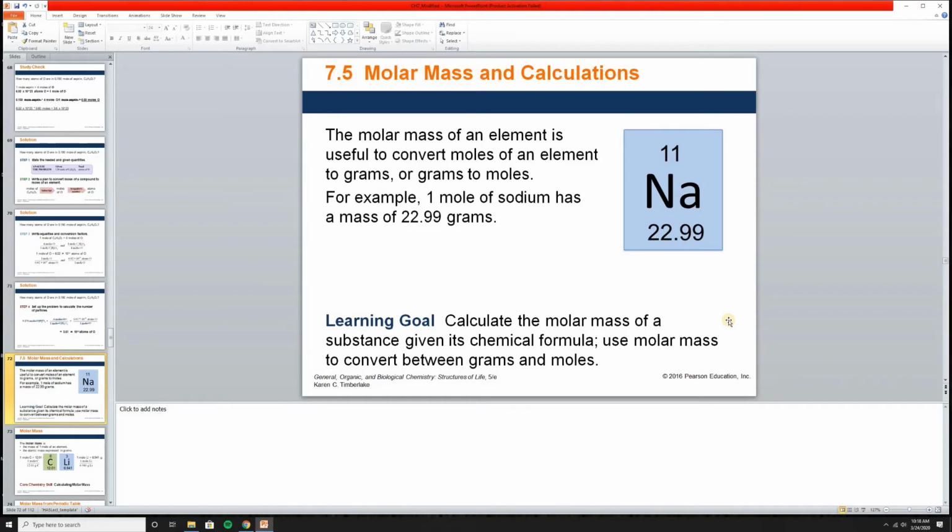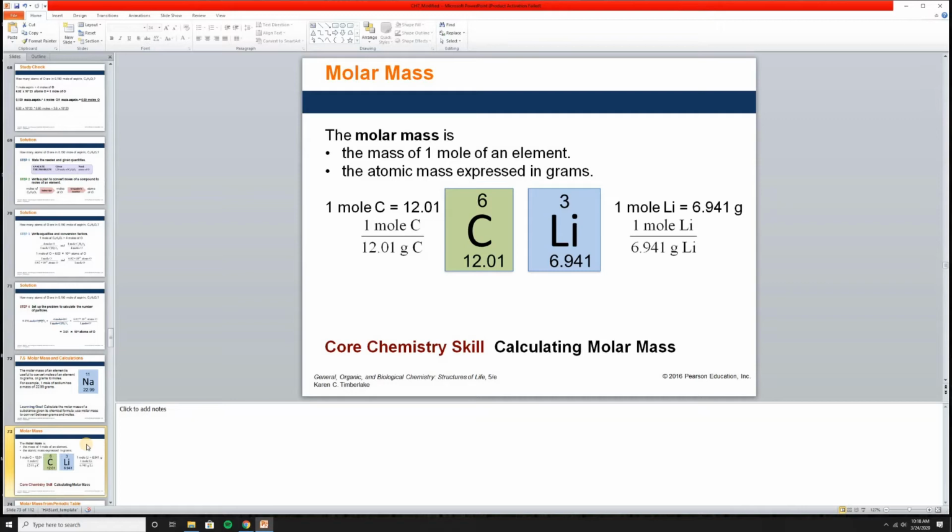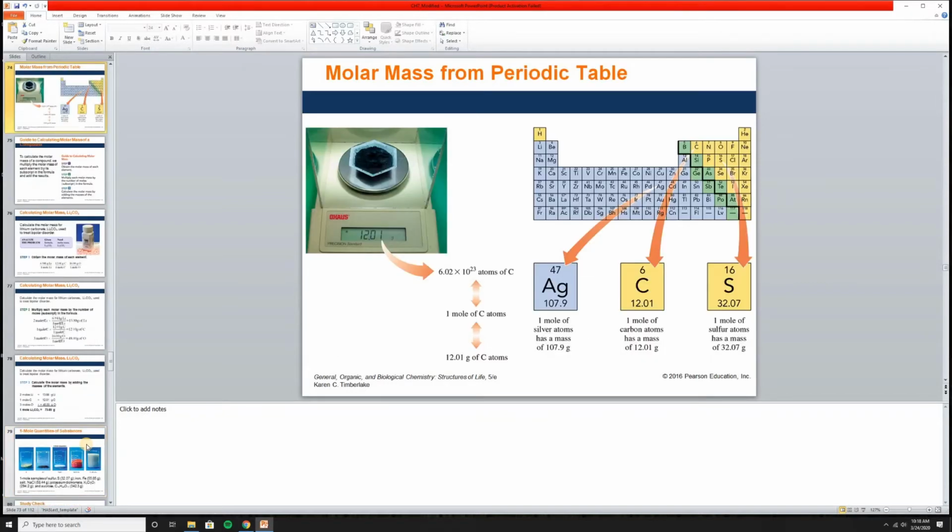For example, here's sodium, Na. 1 mole of sodium has a mass of 22.99 grams. That's the average atomic mass of sodium, and that also means the molar mass. So 1 mole is that many grams. Now you know how to figure out the molar masses of every element, and of every compound, because you can just add them up.